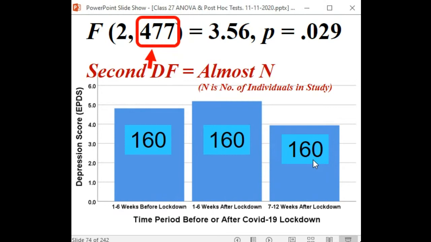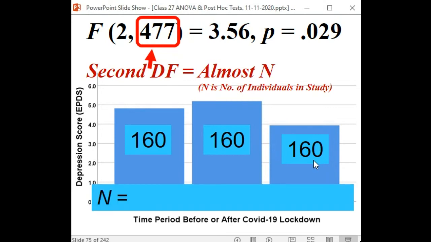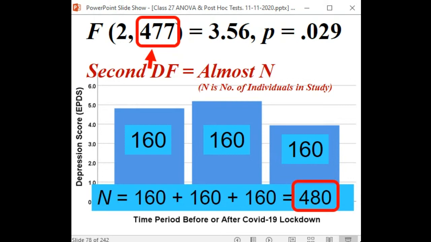So, the total number of women in the study, that is n, was 160 plus 160 plus 160, which is equal to 480. So n equals 480.